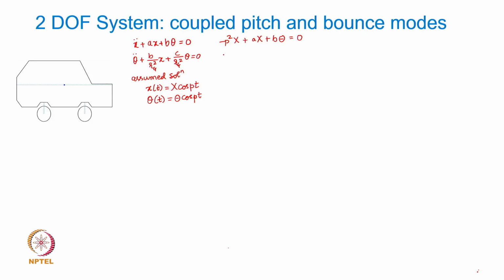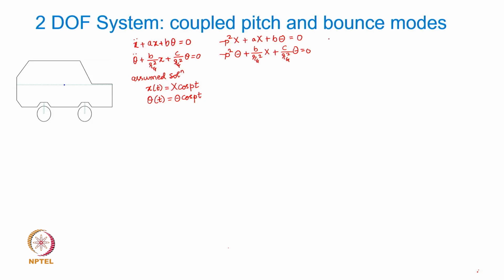Similarly, I can get this equation as minus p square capital theta plus b over r g square capital X, and mind you, cos pt appears in all the terms and it cancels out, and this one is theta equal to 0. This is what you get from the second equation if I substitute the assumed solution.